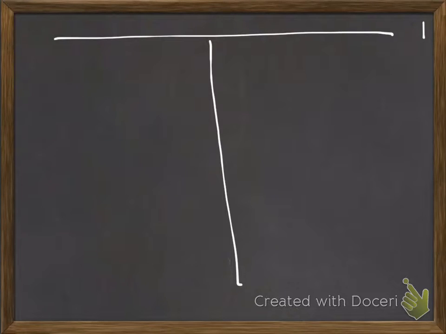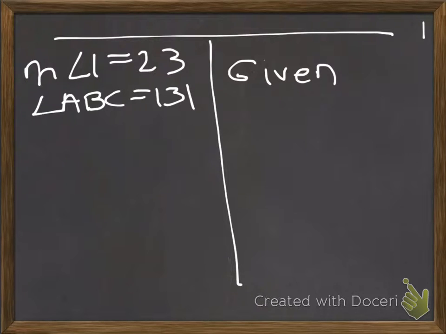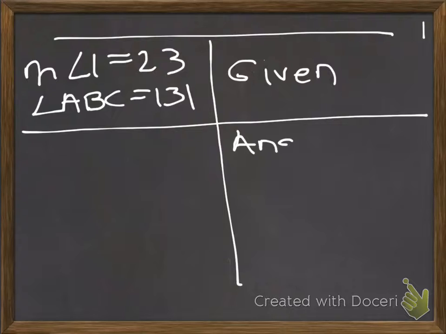Okay, so this first one, we're given that angle 1 equals 23 and angle ABC equals 131. And like I said, we're going to use the angle addition postulate because we need to find the third angle.